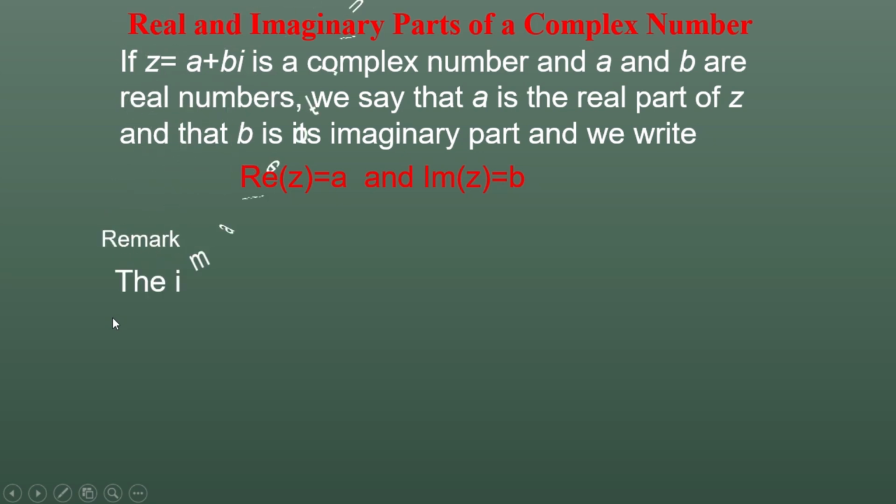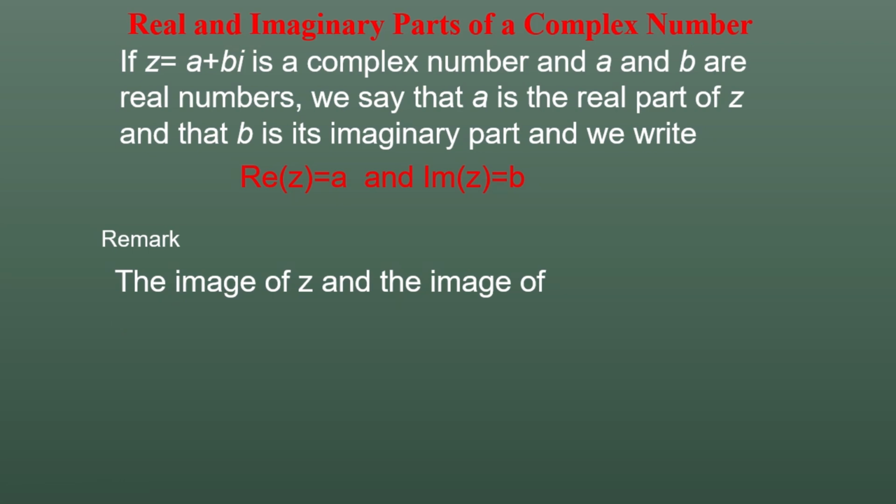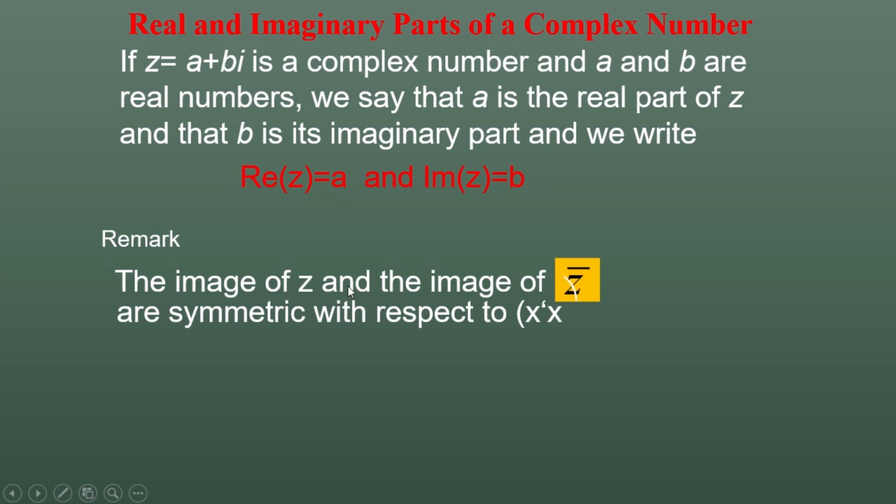Remark: the image of z and the image of z bar are symmetric with respect to x prime x, because if z equals a plus ib, the coordinates of its image is the point of coordinates a, b. Z bar is a minus ib, its image is the point of coordinates a, minus b.